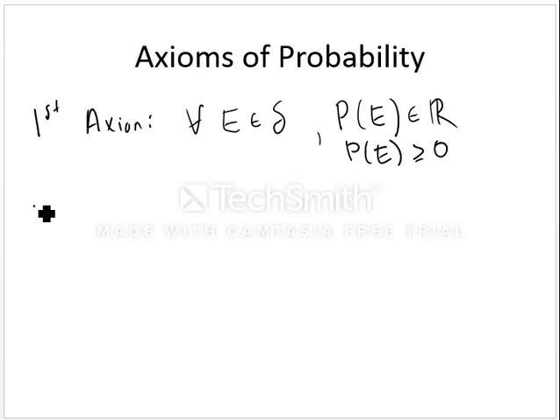The second axiom, on the other hand, says if we have that entire sample space, and the idea of an entire sample space is the collection of all events, if you recall, then the probability of being in that sample space must be 1, or else we don't have an exhaustive sample space.